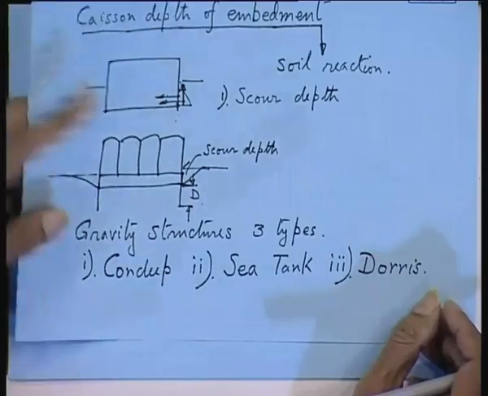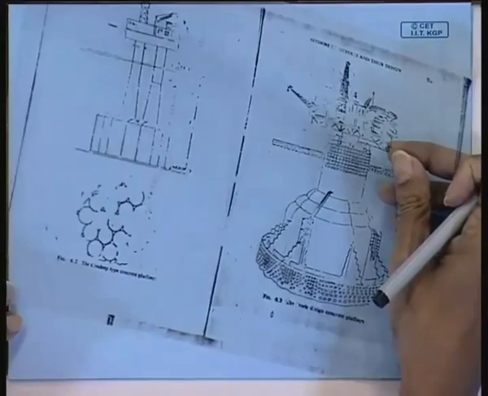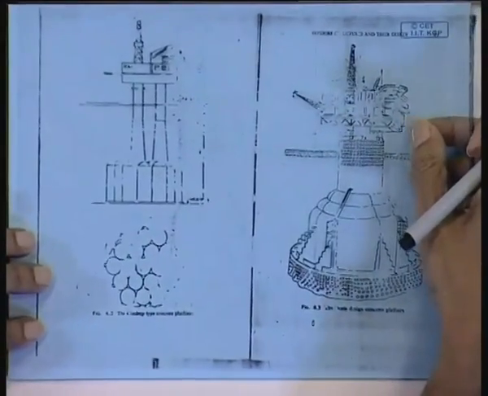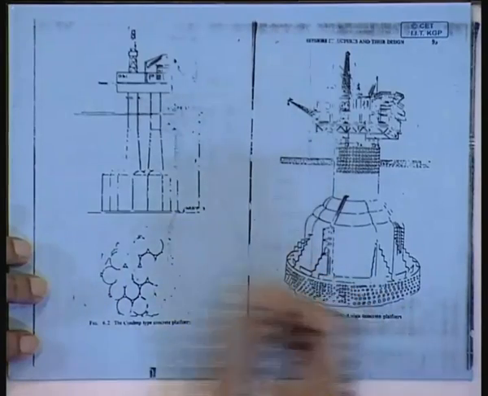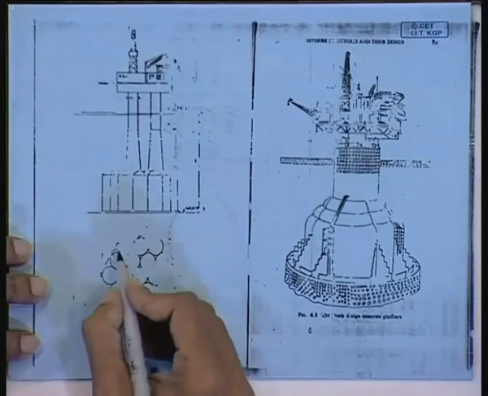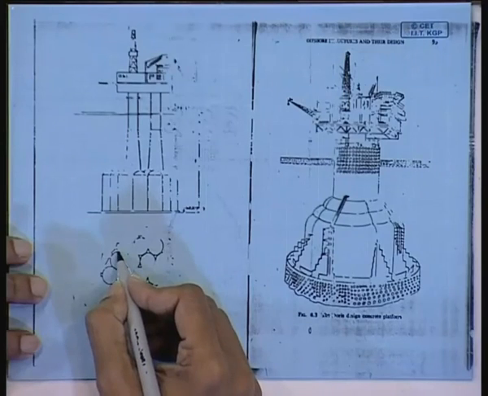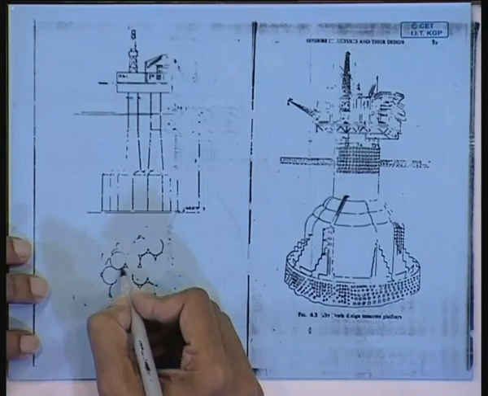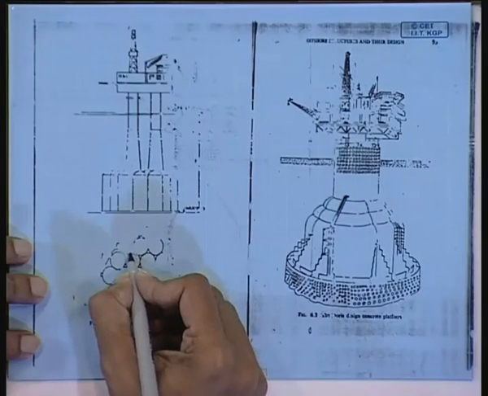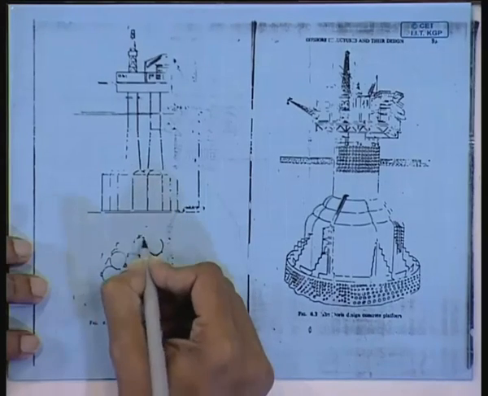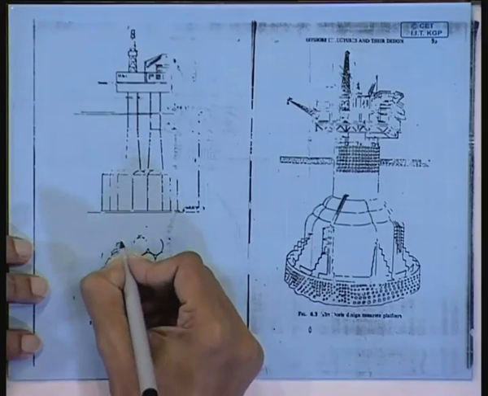So the condeep and the sea tank are more or less the same. As you can see, the picture is a bit hazy. This is your condeep variety. Now here you will find a number of circular cells. All these cells are attached one with the other.